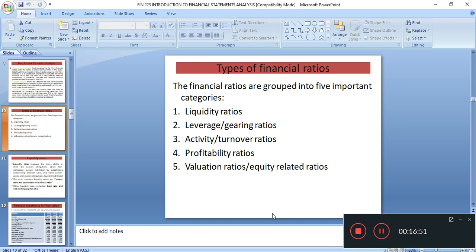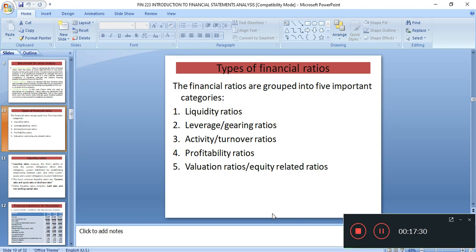Let us go about the types of financial ratios. When we go about the financial ratio types, we look at liquidity ratios, which include current ratio, acid test ratio, cash ratio, and then net working capital ratio. For leverage or gearing ratios, we look at the debt ratio and debt-equity ratio. For activity or turnover ratios, here we look at the returns I get for using an asset.